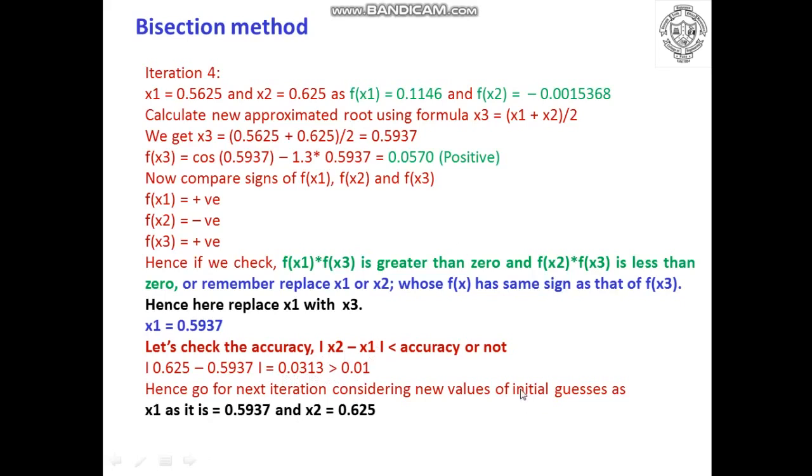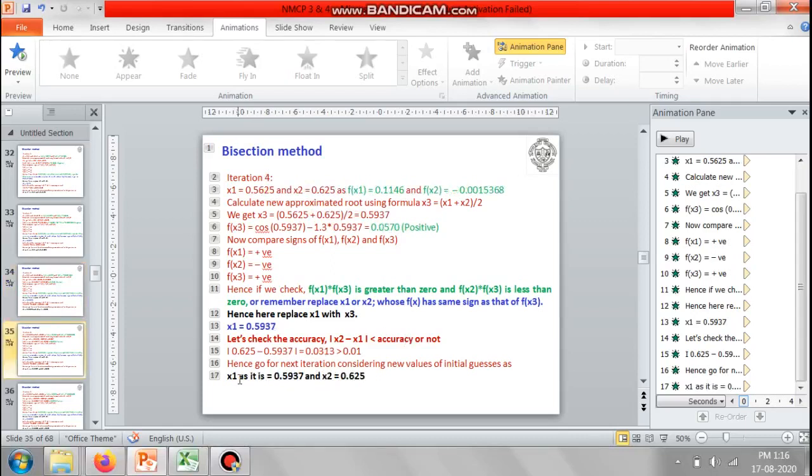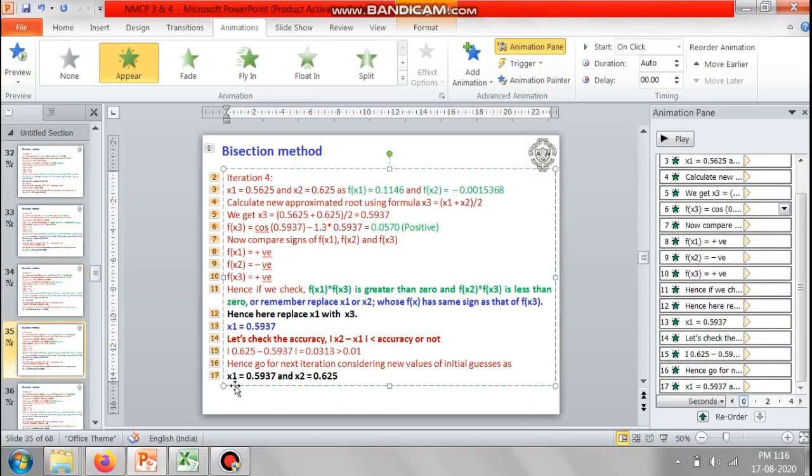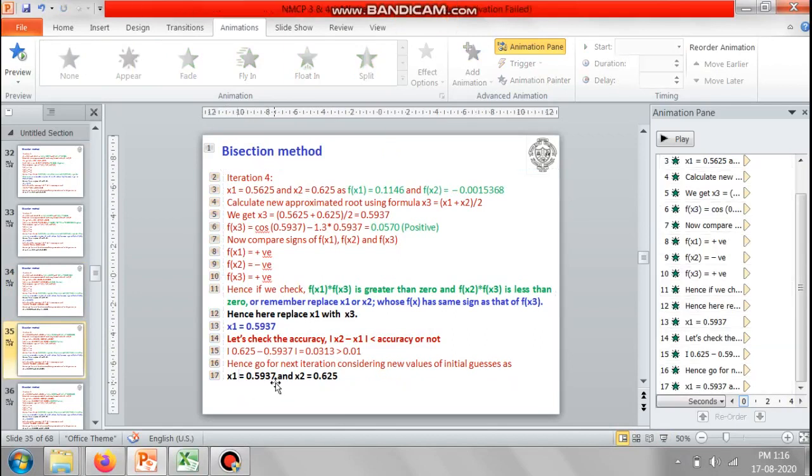So here also we have replaced the value of x1 with x3, that is 0.5937. I have to make this correction. So x1 is replaced by the value 0.5937 instead of 0.5625, and x2 will be as it is.